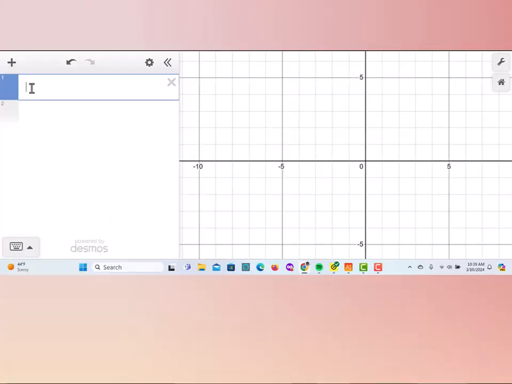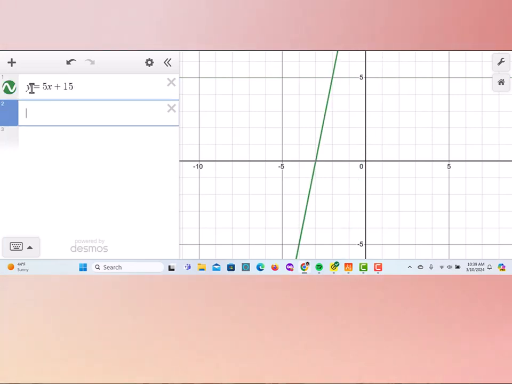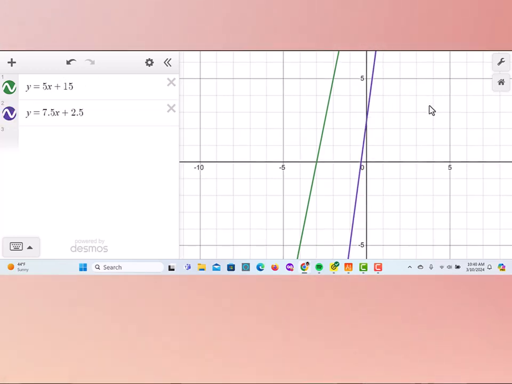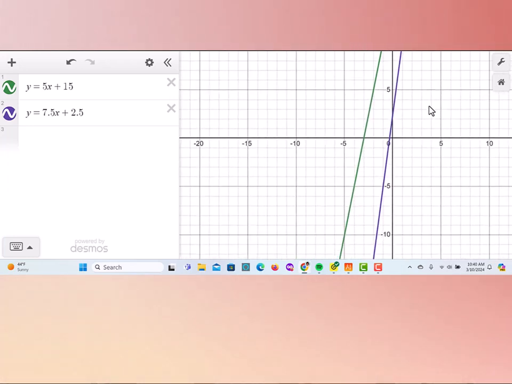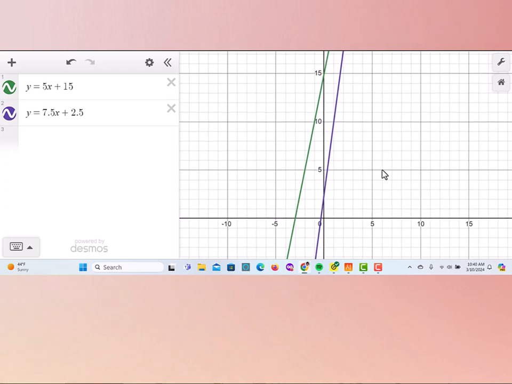We're going to start by putting in the first equation, y equals 5x plus 15. And then I'll enter my second equation, y equals 7.5x plus 2.5. Mine's showing up as a green and a blue line, so I can differentiate between the two lines. I'm going to need to zoom in or zoom out, and then I can move this around.